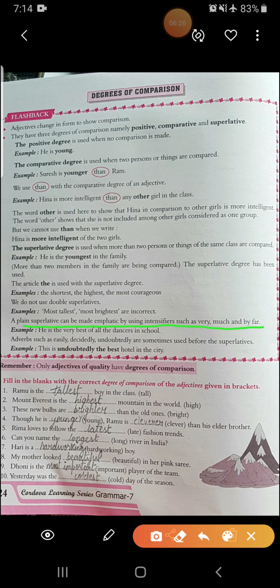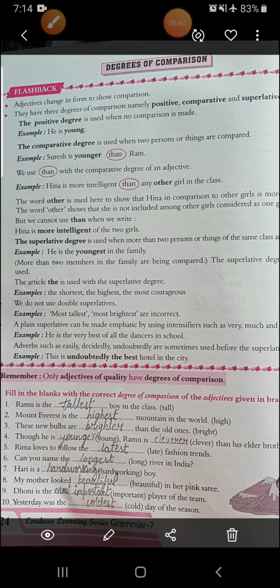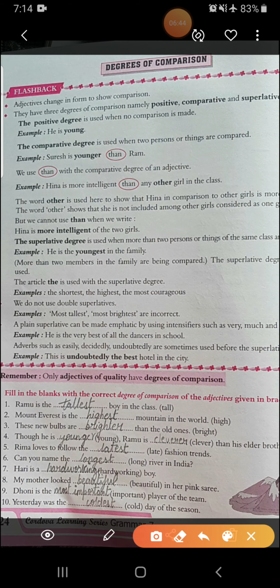See the example: he is the very best of all the dancers in school. So in place of saying he is the most best of, which is incorrect, you can't use most best. The correct way to write this is: he is the very best of all the dancers in the school.